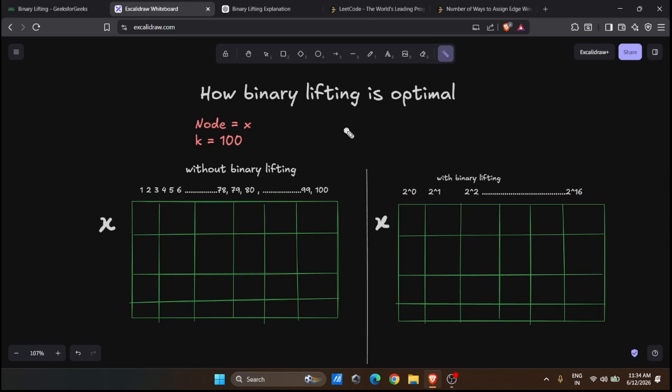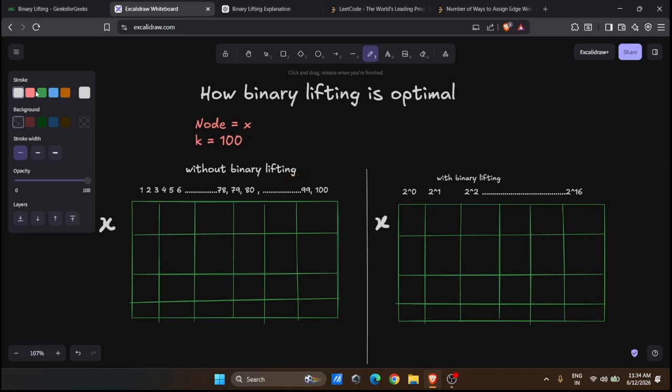Now let's discuss how binary lifting is optimal. Suppose we are given a node X and we have to find its 100th ancestor. Without binary lifting, we have to manually fill the values of the 100th parent. We just start from here, fill the entire table, and get the value at the end.